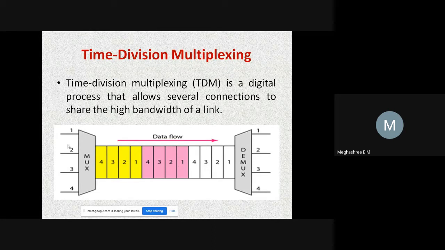Since there are four connections in this example, it goes 1 2 3 4, 1 2 3 4, 1 2 3 4. In this way the connections occupy the link sequentially. That is about time division multiplexing.